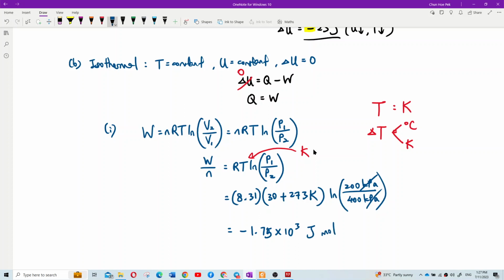You know why joule per mole, class? Because it is work done over mole, so joule per mole.